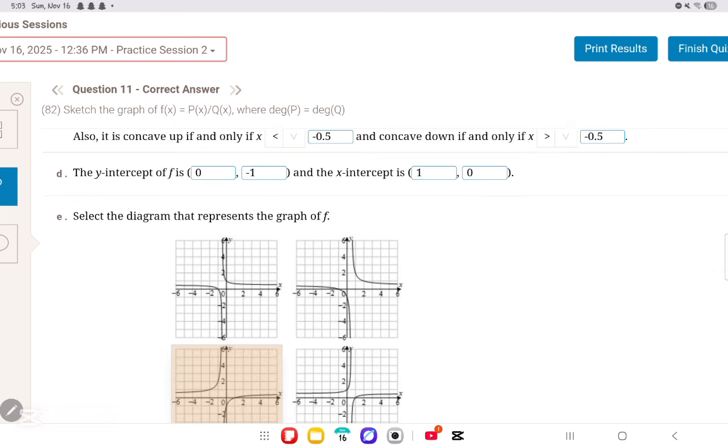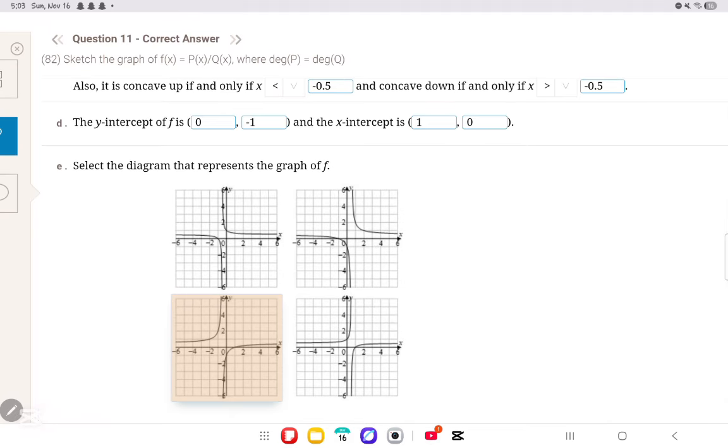And I will put in the following answers. From infinity, it's coming from infinity. And then it's increasing. Actually, it's preferable to look at the x and y intercept. First of all, y intercept is at 0, minus 1. So I need to look where my y intercept at 0, minus 1 is. That means it needs to be at which point?